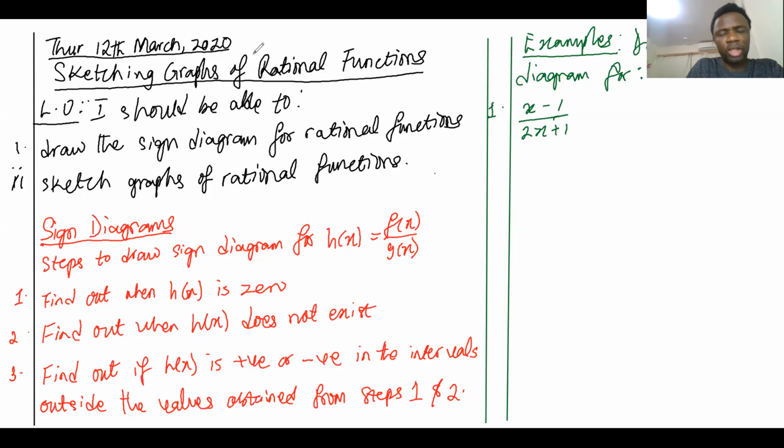For step 1, find out when it is equal to 0. When is the rational function equal to 0, if I may ask? Any rational function is equal to 0 when what happens? Under what condition?